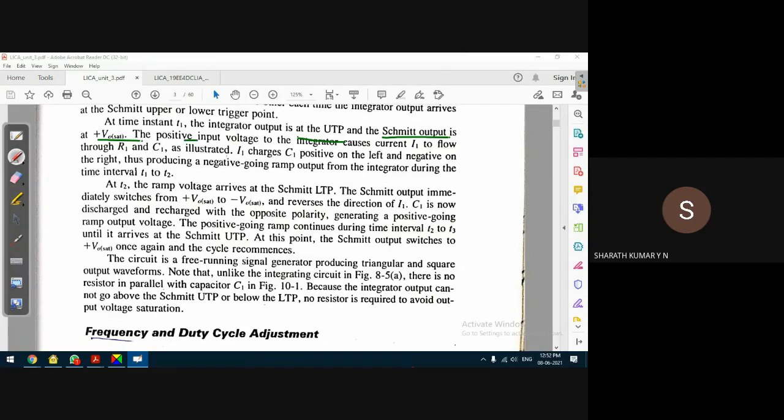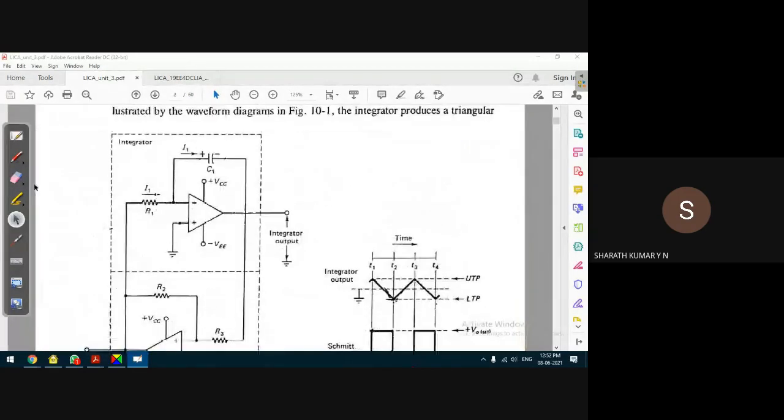So the positive input voltage to the integrator causes current I1 to flow through R1 and C1. Why only R1 and C1, not through the input terminal of the op-amp? Because this current is very small. Not that the current will not flow, current should flow, only then the op-amp works, but it's very small compared to this current.